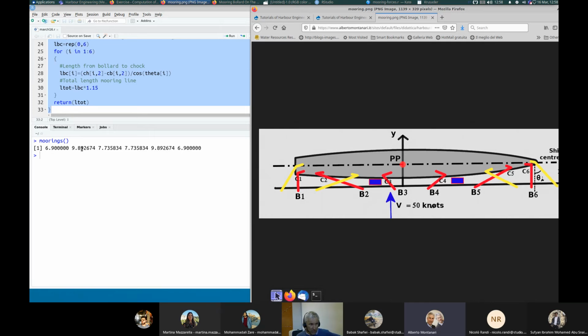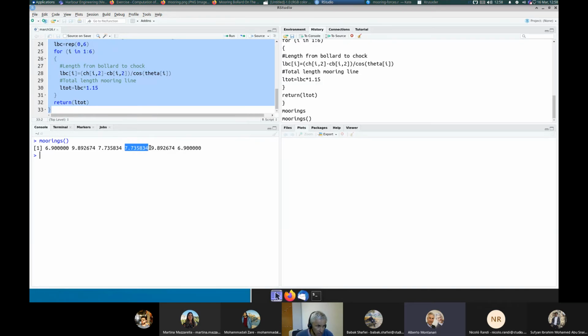The second is 9.89, which is good because it's longer than the first. It matches my expectation. And then the third is 7.73, which is shorter than the second, and it's also a bit longer than the first. Which is fine. I mean, everything seems to be correct, and given that they are symmetric, in the second part of the vector, you see the numbers are the same as in the first part of the vector, which is fine. It seems that everything is okay.